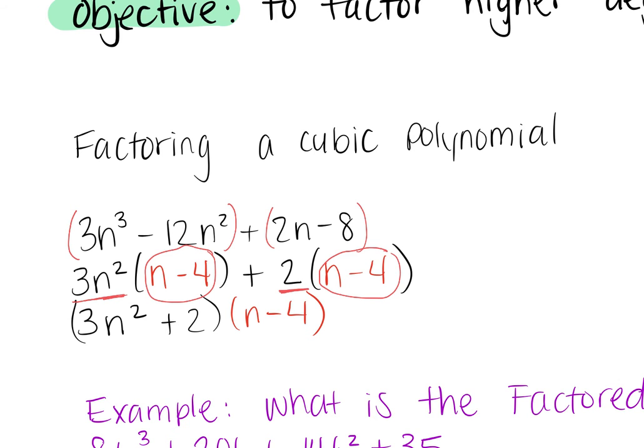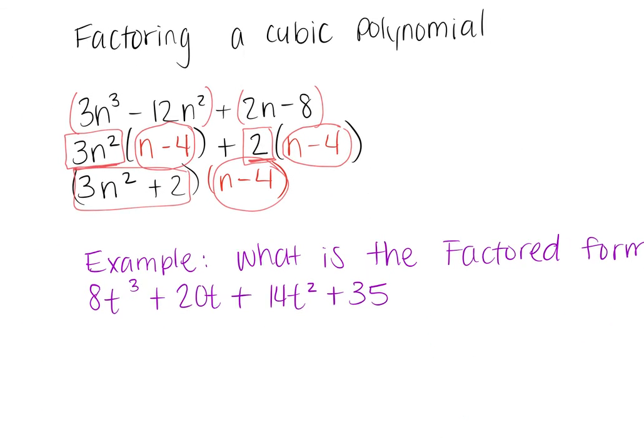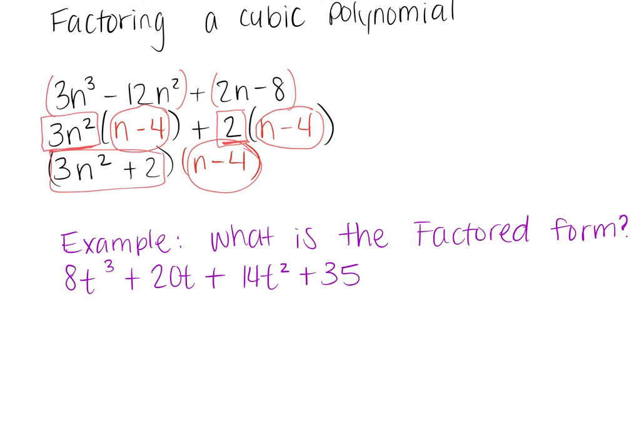You combine the outside portions, the 2 and the 3n squared, to give you one factor, which goes down here, and then you use the second factor inside the other one, okay? Now, we'll do one together, which is in purple, so go ahead and copy down the purple example, and we'll walk through it from step 1 to the last step all together, okay? This second one was 8t cubed plus 20t plus 14t squared plus 35.